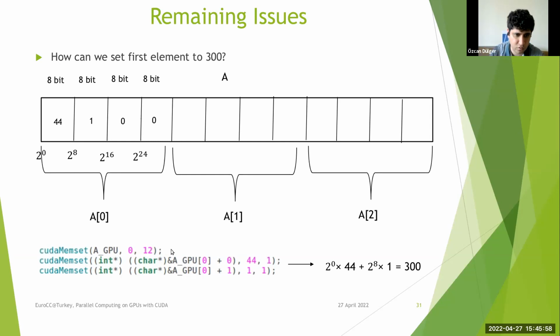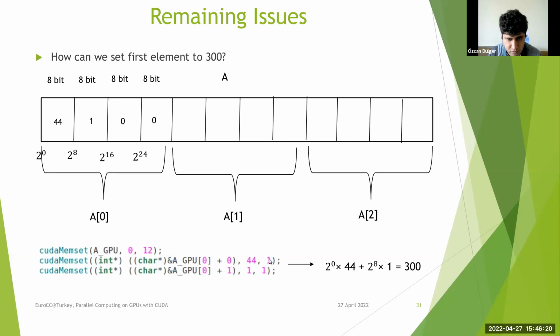This is our code. We set O0 at the beginning. Then to the first byte, we are trying to access the first byte of A here, and we set 44.